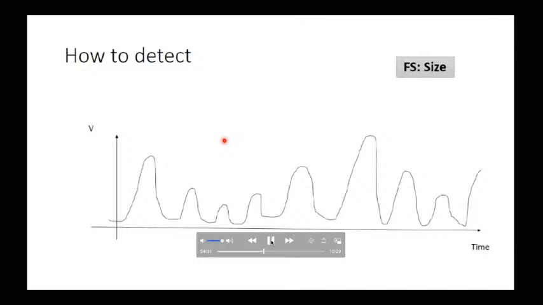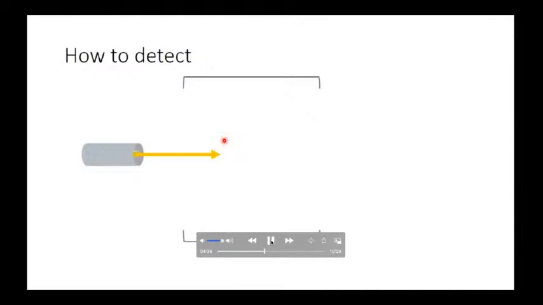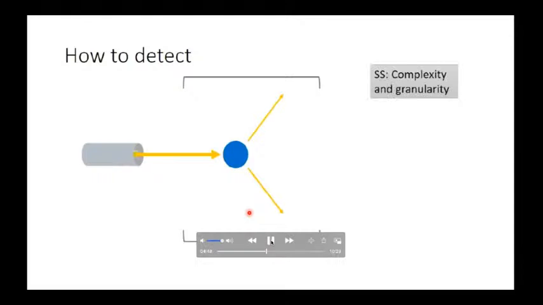The second event happening in the flow cytometer is the side scattered light. When a cell passes through the laser beam, the cell will scatter the light in side directions. And this side scattered light is directly proportional to the complexity and granularity of the cell. Why?